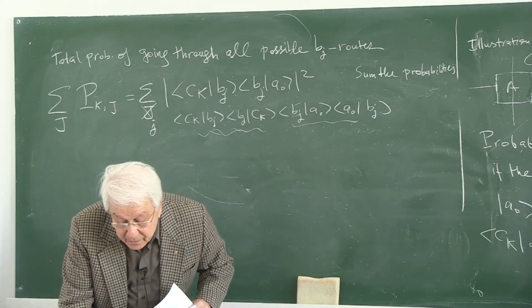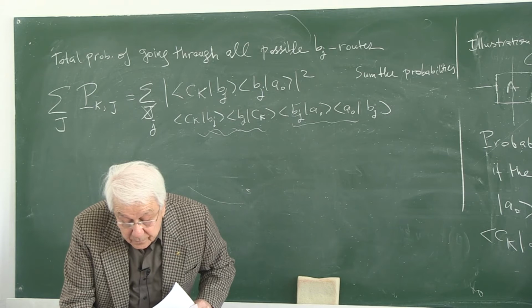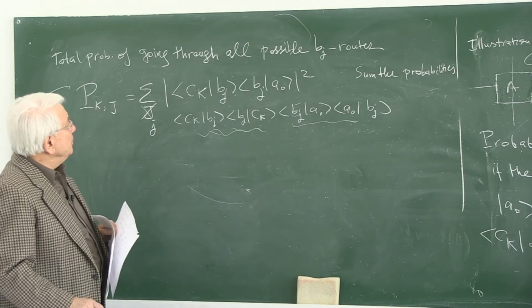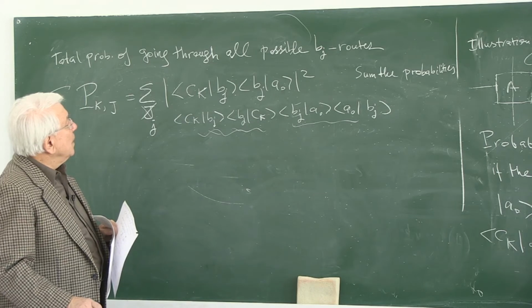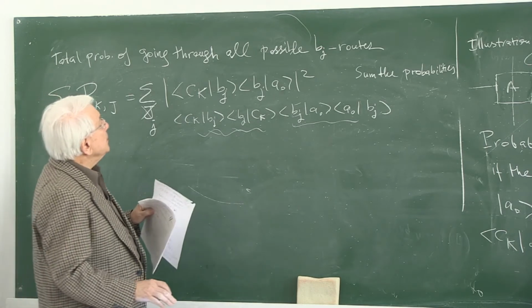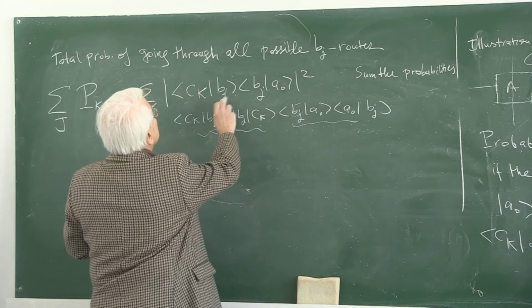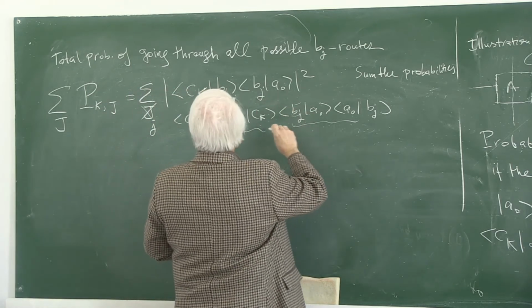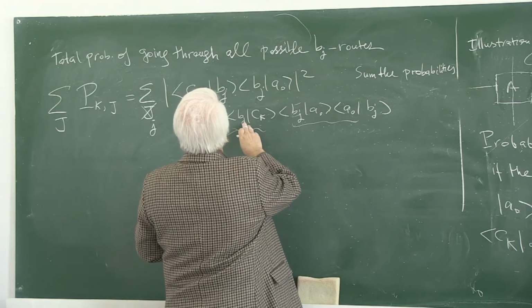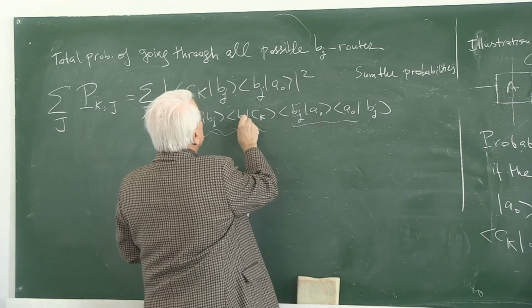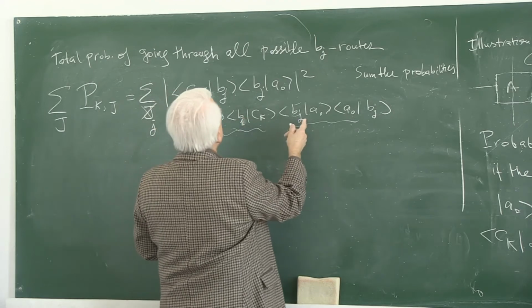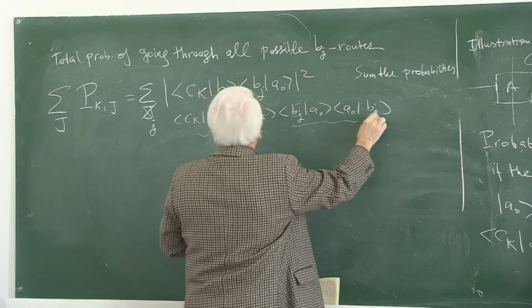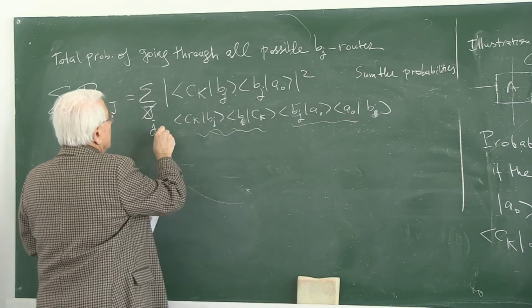Anyway, this doesn't mean much. I made a slight mistake. Let me correct that mistake. This is one sum, and there's another sum for that. BJ, BL. And this is BJ and BL. And sum over here.